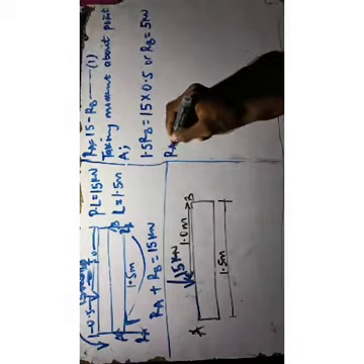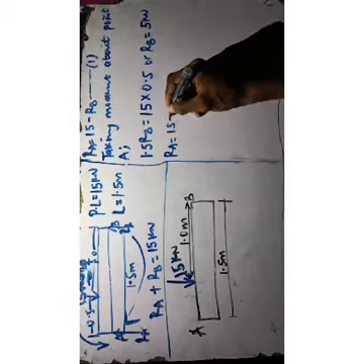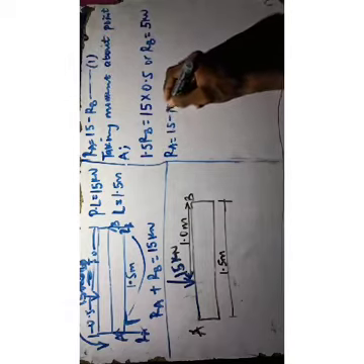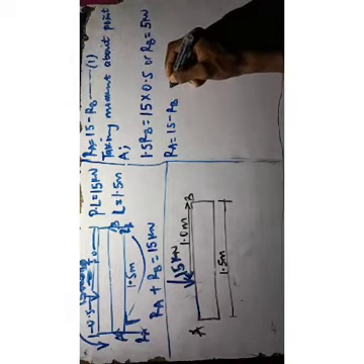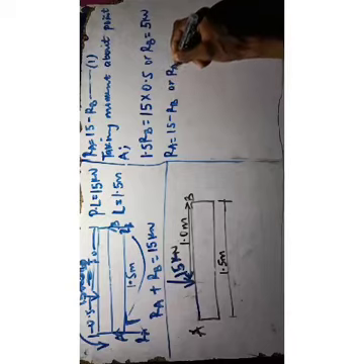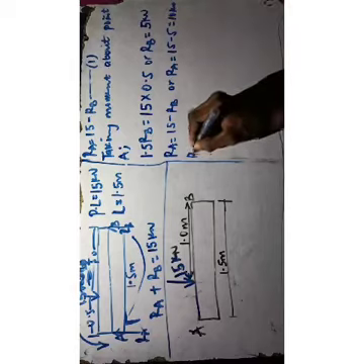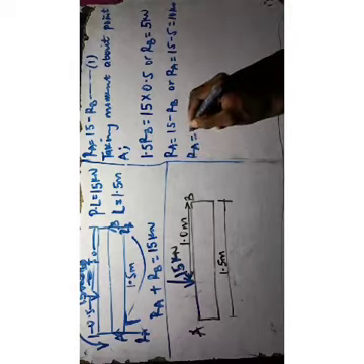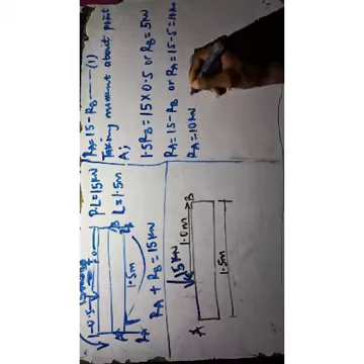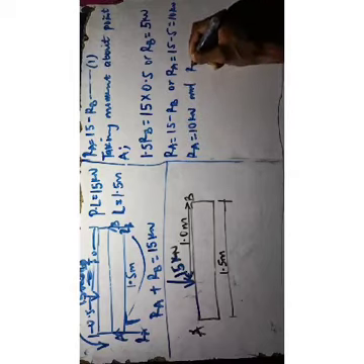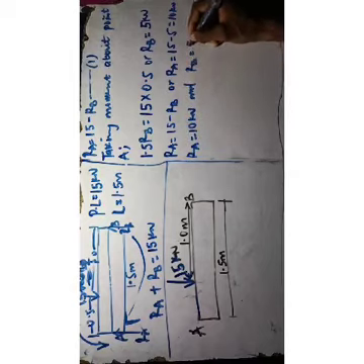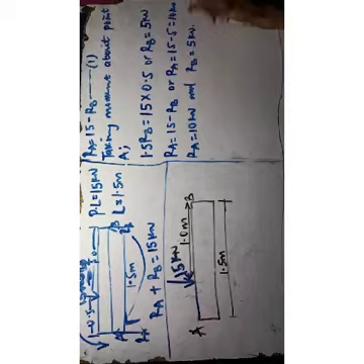So RA will now equal 15 minus RB, and that is 15 minus 5, and that will be 10 kilonewton. So therefore RA equals 10 kilonewton and RB equals 5 kilonewton. So that is that about that.